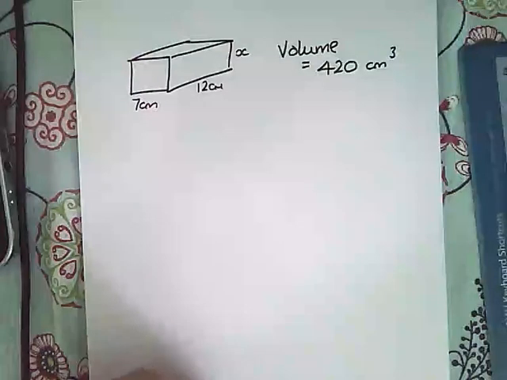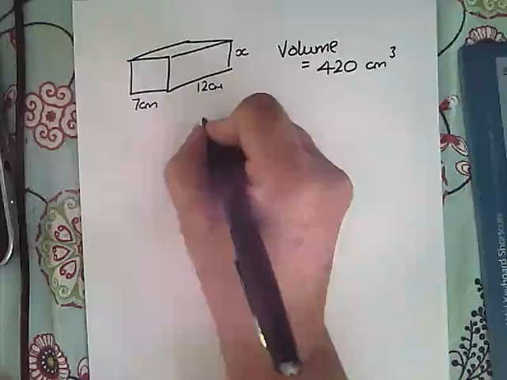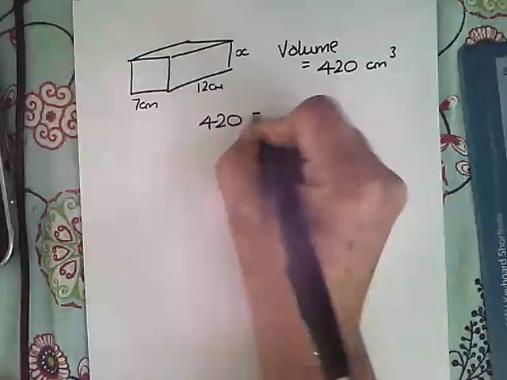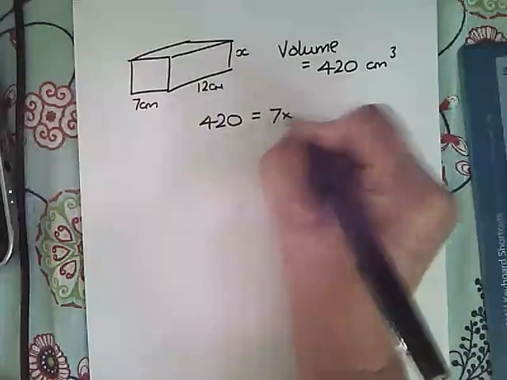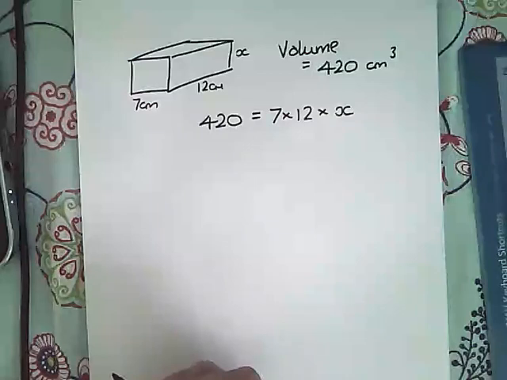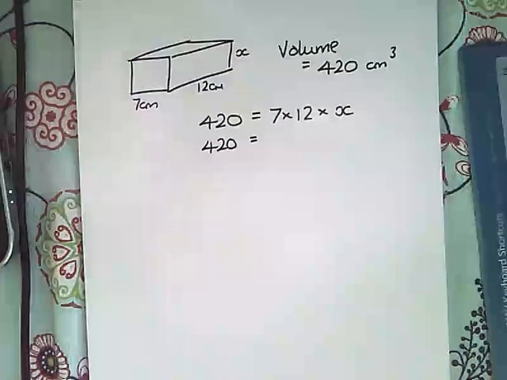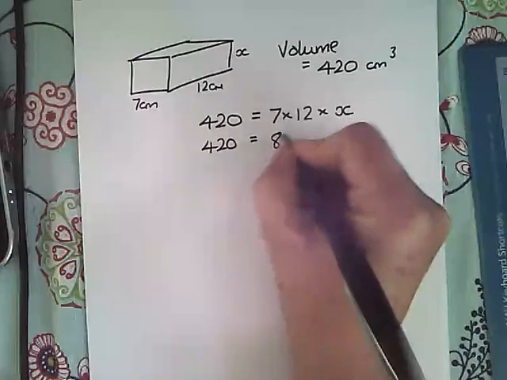The volume is equal to all those 3 dimensions times together, and we write that down so we have it in front of us. So 420, the volume, is equal to 7 times 12 times the height, which is x. So 420 is equal to 7 times 12 is 84, 84x.